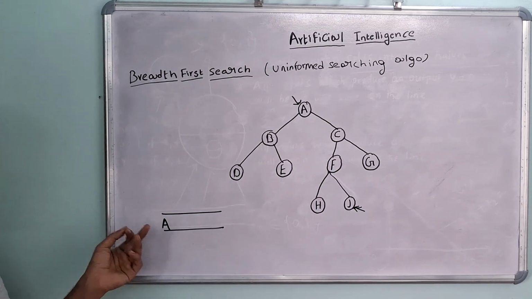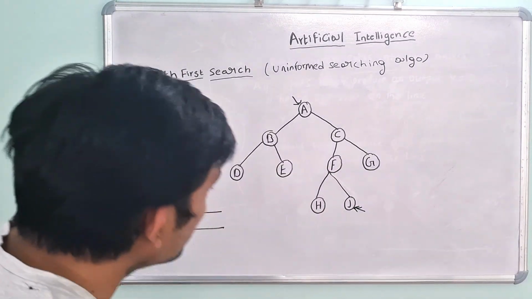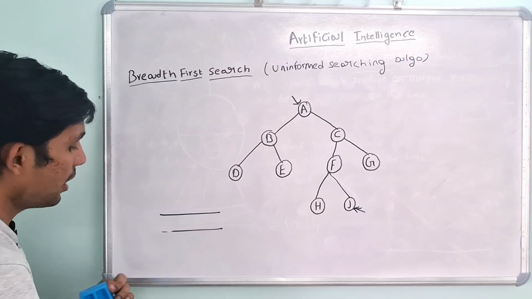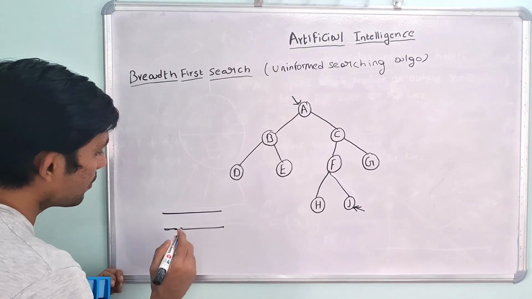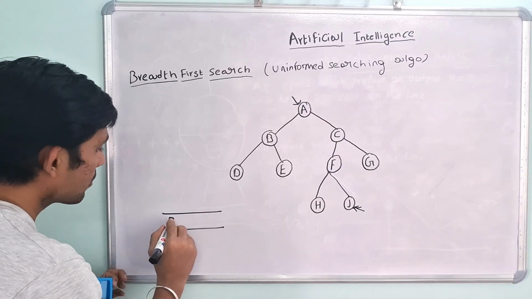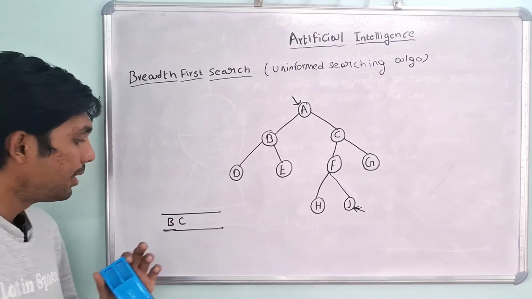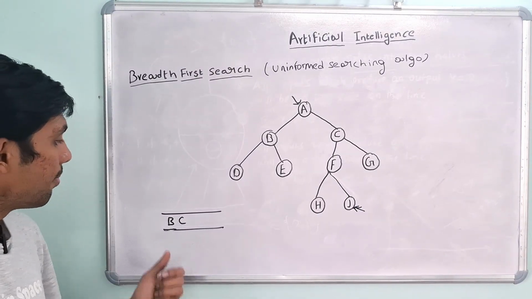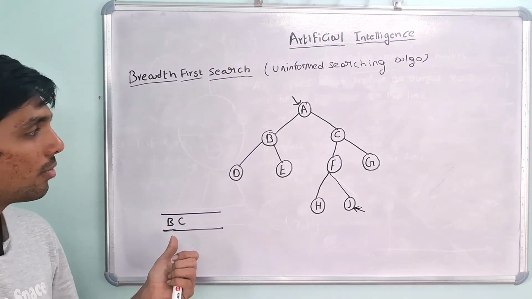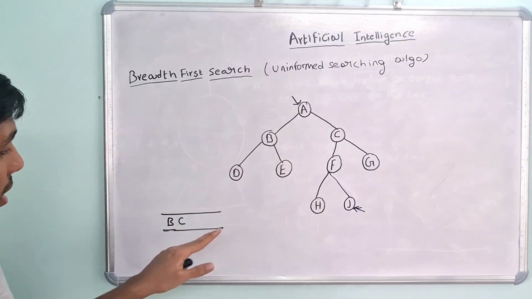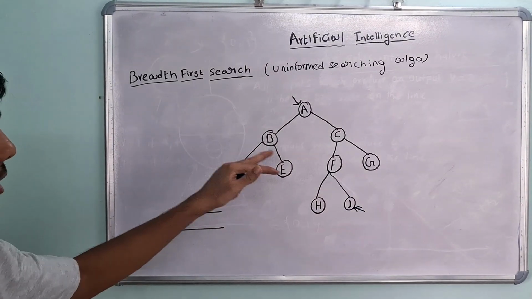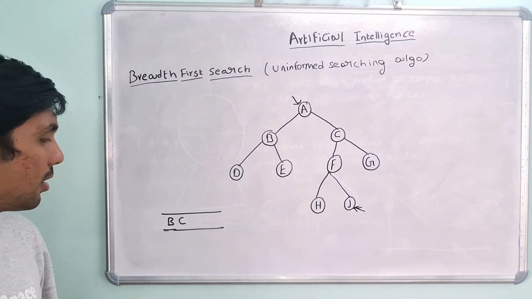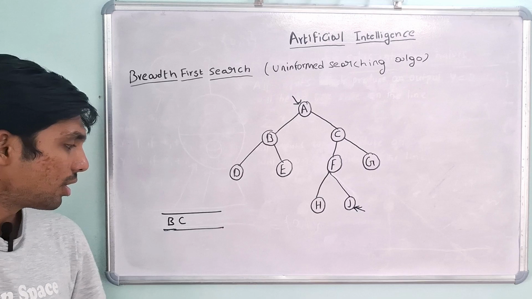So the algorithm dequeues A and enqueues its children, B and C, into the queue. We can enter them in any order, like B and C or C and B. The order does not matter. I just consider this order.